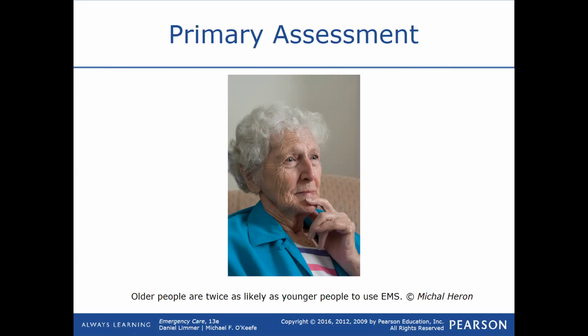Now, why are they twice as likely to call? It could be for one or two reasons. One is they're just really worried if they feel any issues or they feel abnormal. The other is that sometimes older people don't have anybody to talk to, so they become frequent callers just because they need that attention.